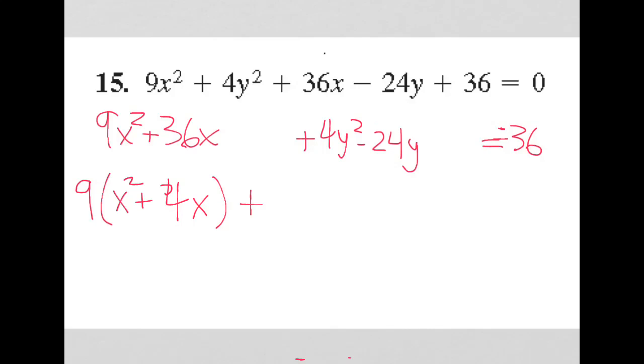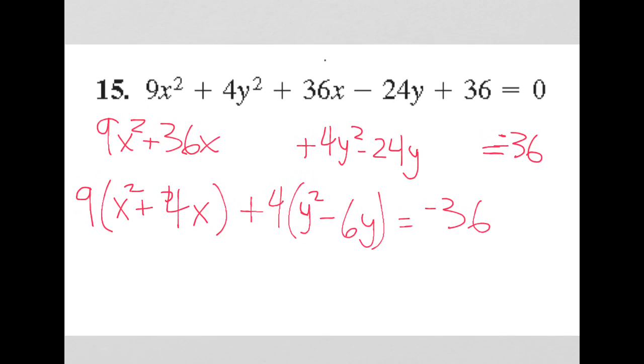And now I'm going to do the same thing with my y term. Factor that 4 out. I'll be left with y squared minus 24 divided by 4 is 6y. And that all equals negative 36. And now that I have that coefficient factored out, I need to complete the square.